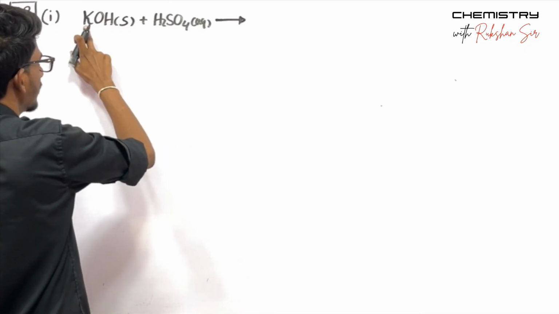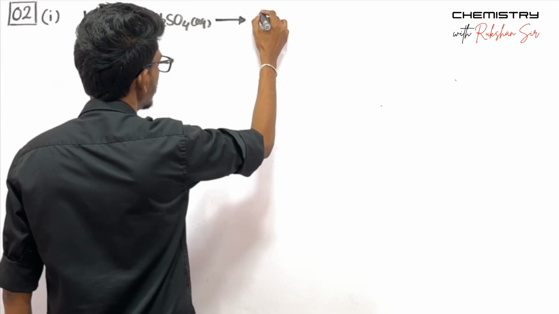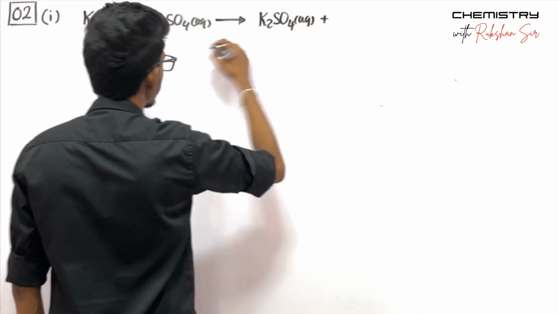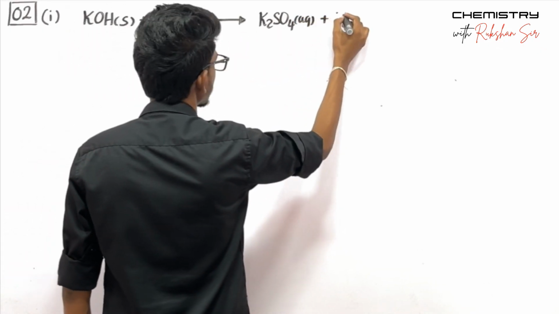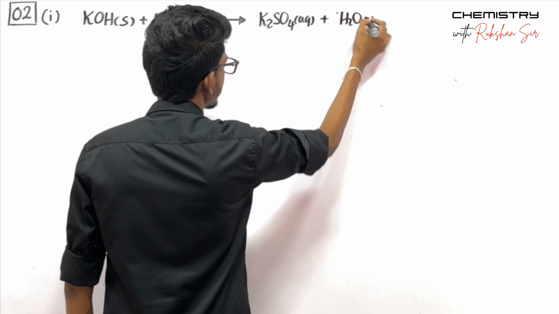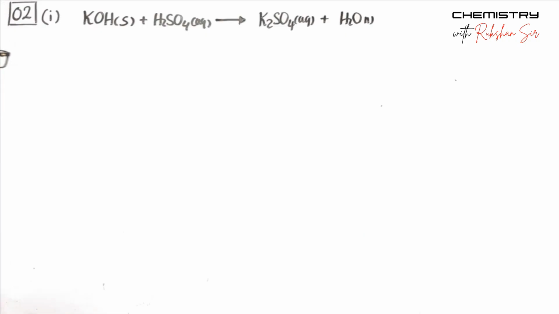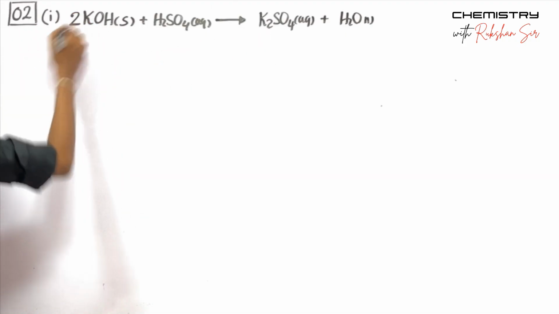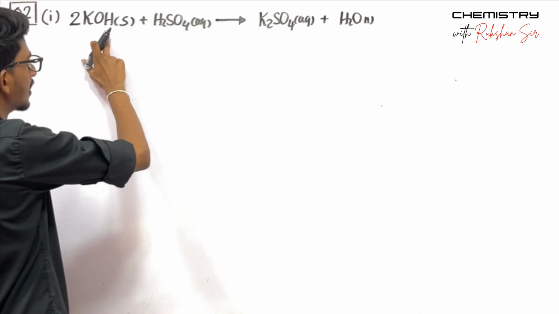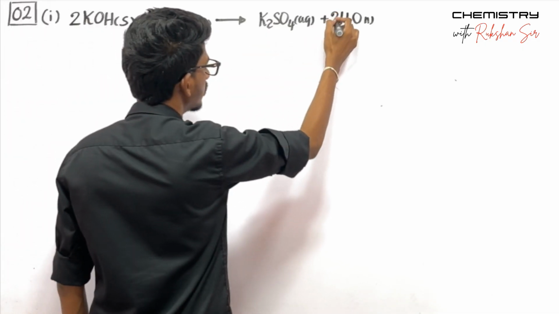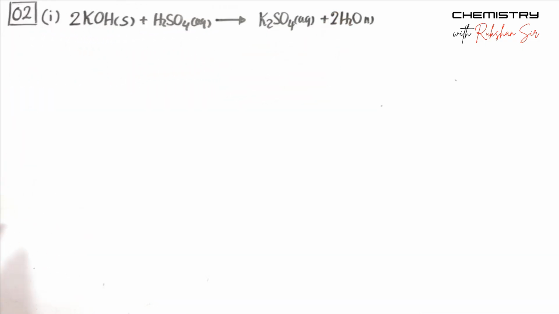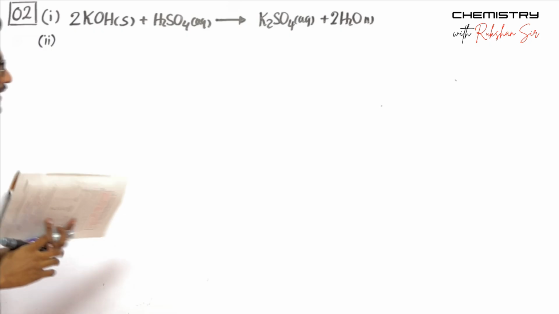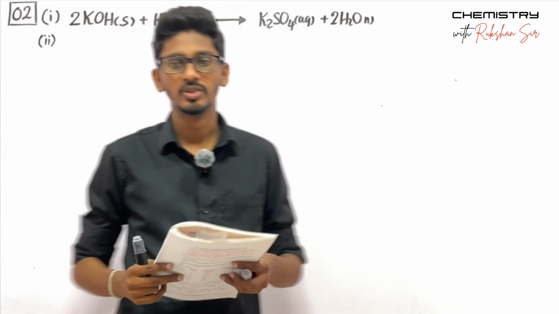The salt, K plus and SO4 2 minus, is going to be K2SO4, and H2O liquid. First of all we need to balance this. You have two K pluses, so we need 2 KOH here, and 2 OH minuses combine with 2 H pluses to give 2 H2O. So that is the balanced equation. Part 2 is all about coming up with the delta H naught R value.